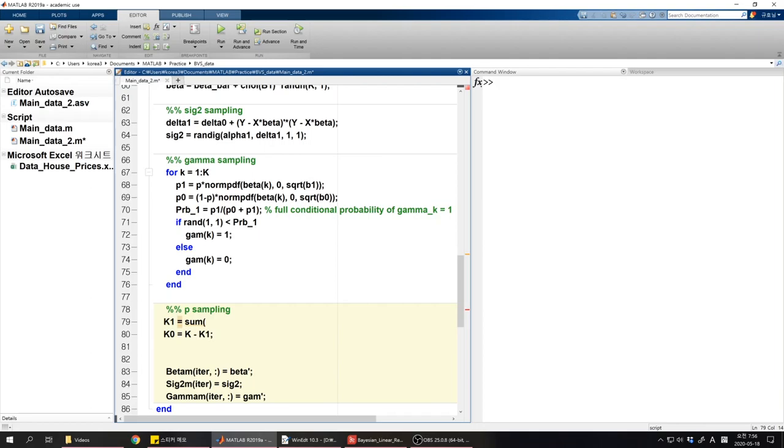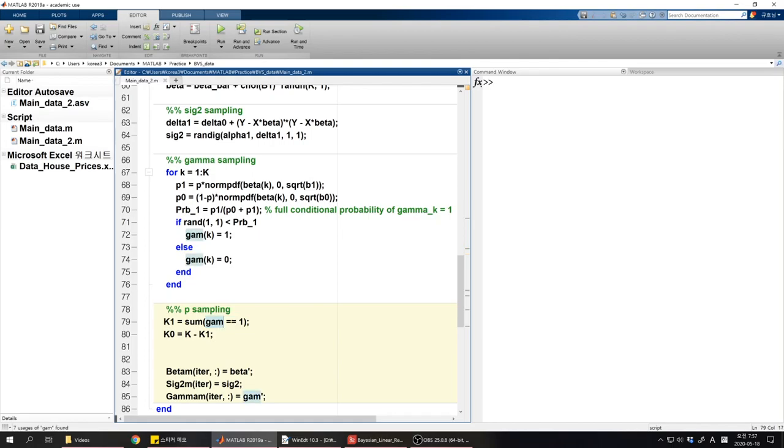Sum gam equals 1. What is this? Gam double equals 1 is a statement, true or false. True is 1 and false is 0. This is capital K by 1, so the statement is also K by 1, depending on whether it is true or false. If each gamma k equals 1, then the value of this double equality must be 1, otherwise 0.